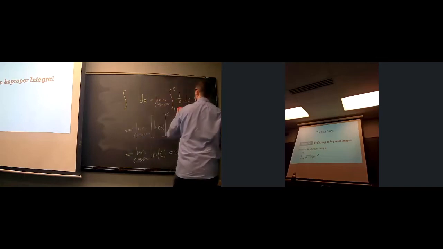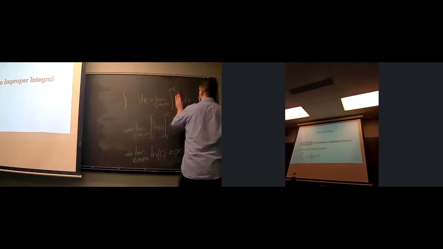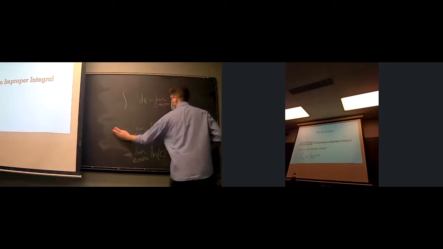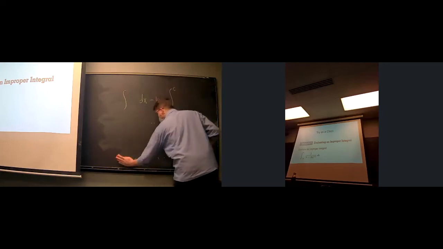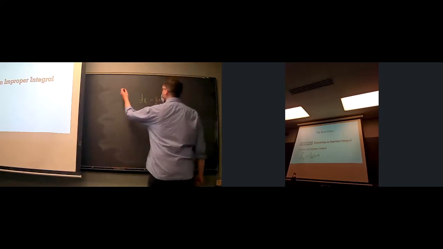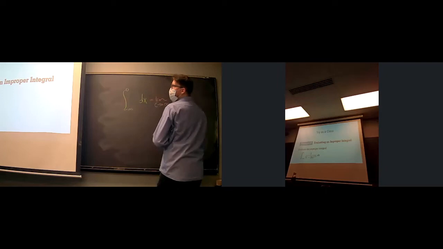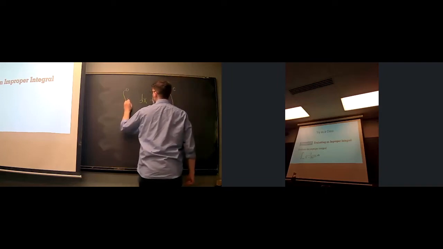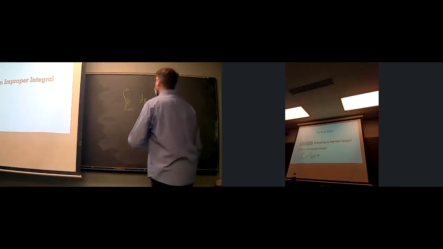Another example, let me write this on the board. Another example would be the integral from negative infinity to 0 of 1 minus 2x raised to the negative 3 over 2 power.